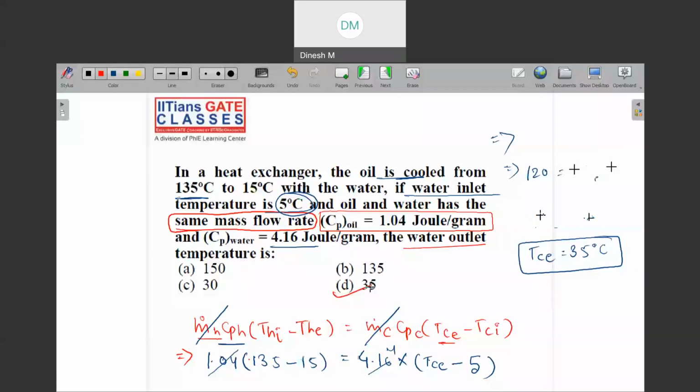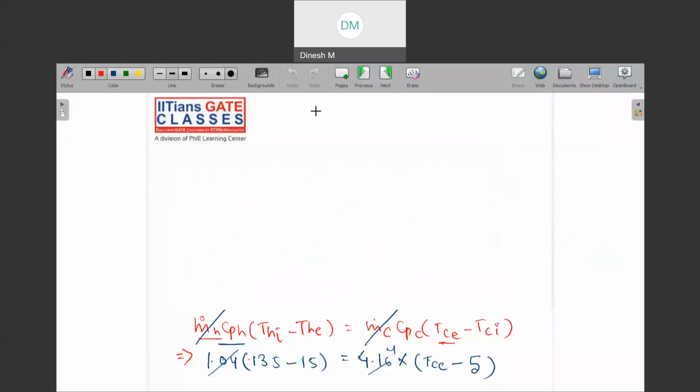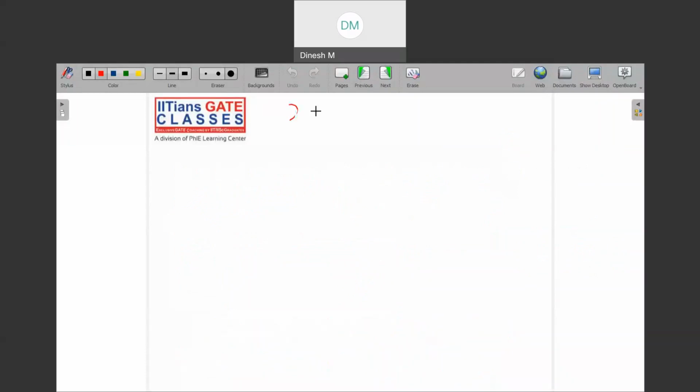So now let us understand the emissions. From radiation, so we get radiations, thermal radiation.